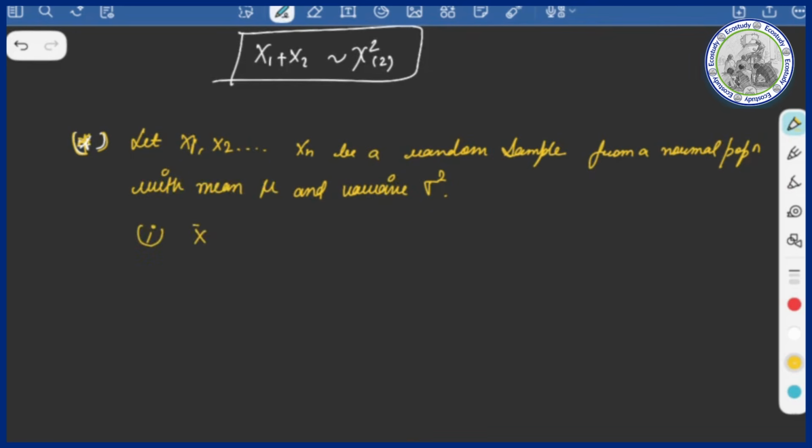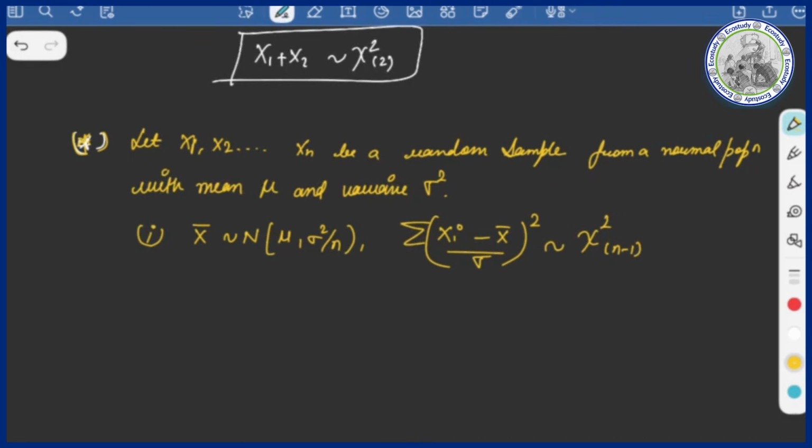Then first condition, x bar follows normal, mu, sigma square upon n, then sigma of (xi minus x bar) whole square upon sigma square will follow chi-square with n minus 1 degrees of freedom.